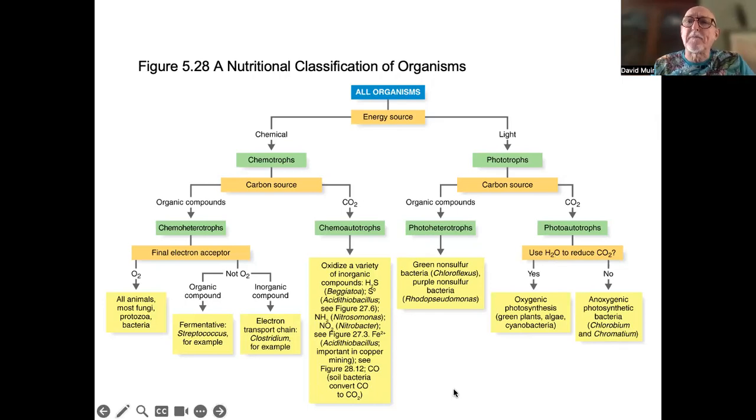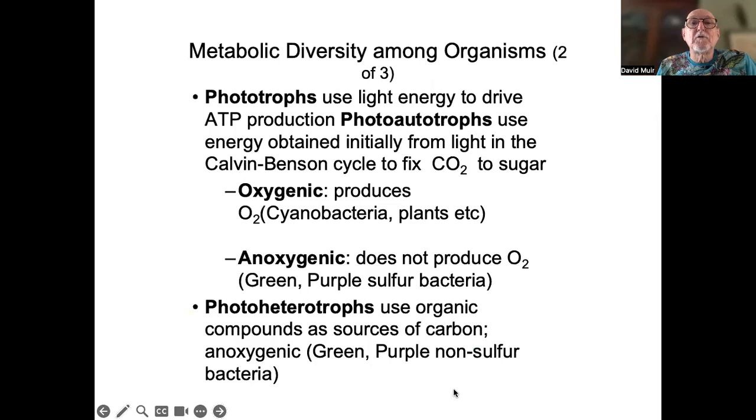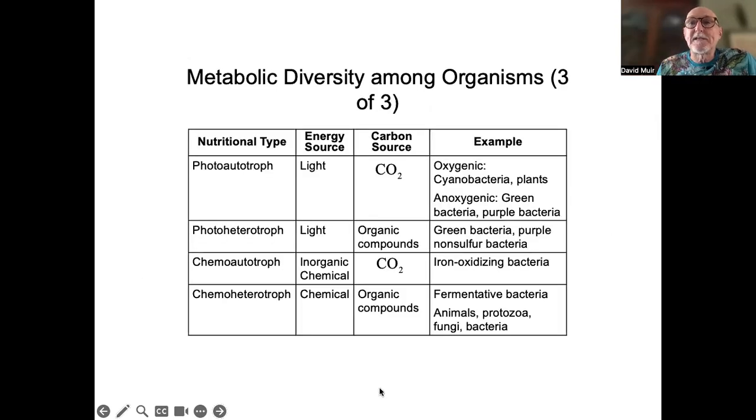I know it's confusing. So what I want you to do, this is a summary of it. You can use this little table to remember exactly what each of them are. First of all, our very, very familiar groups, the photoautotrophs, which use light as a source of energy and carbon dioxide as a source of carbon.